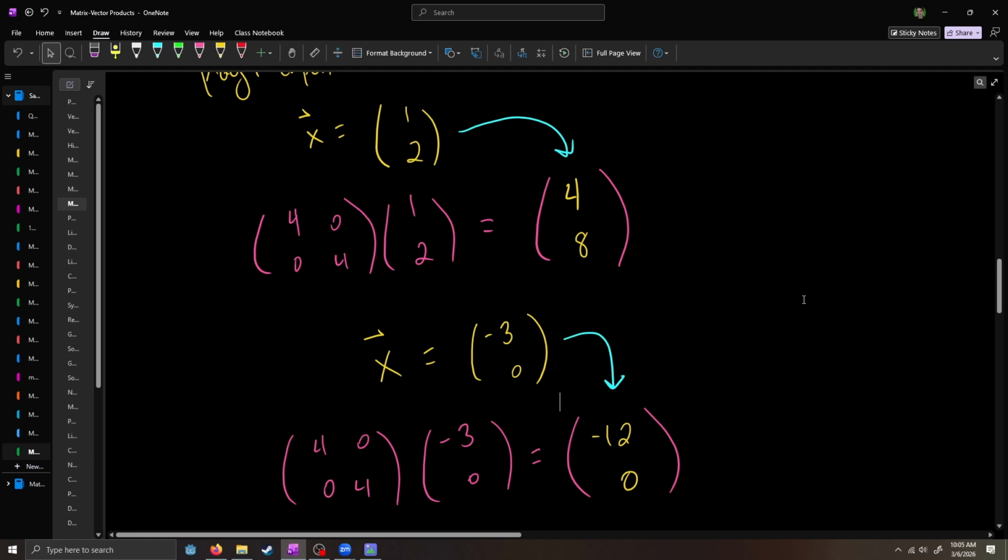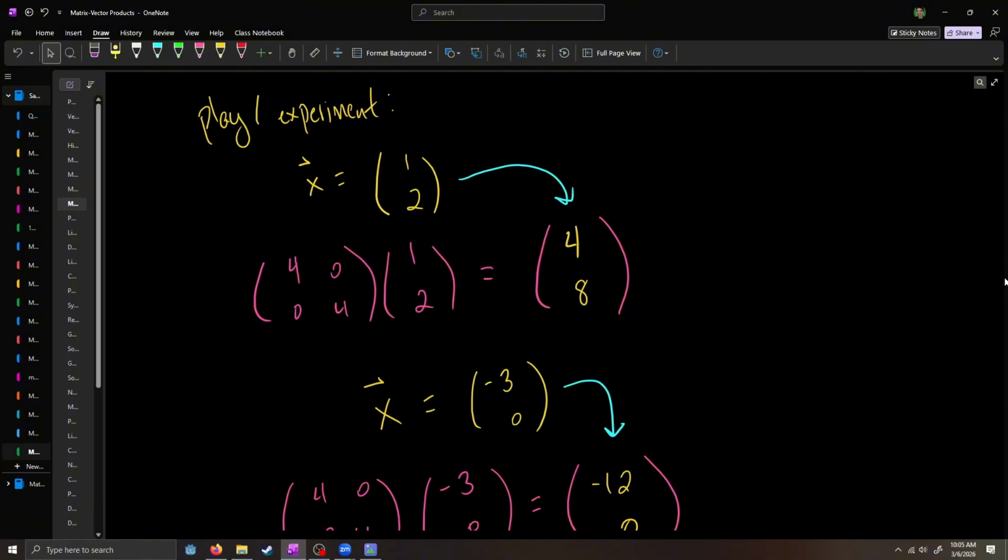So I'm asking myself, how would I describe the transformation that has occurred? How would I describe the transformations that turn these initial x's into the results of this matrix product? Well, it looks to me like what has happened in both of these experimental cases is that the initial vector has turned into something that is 4 times longer than it was before.